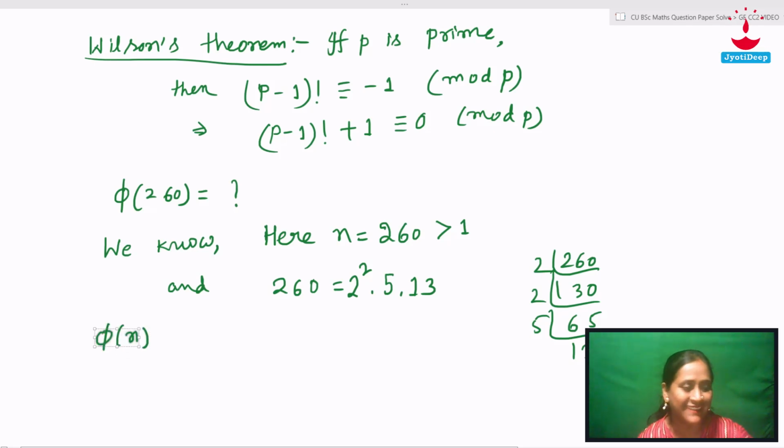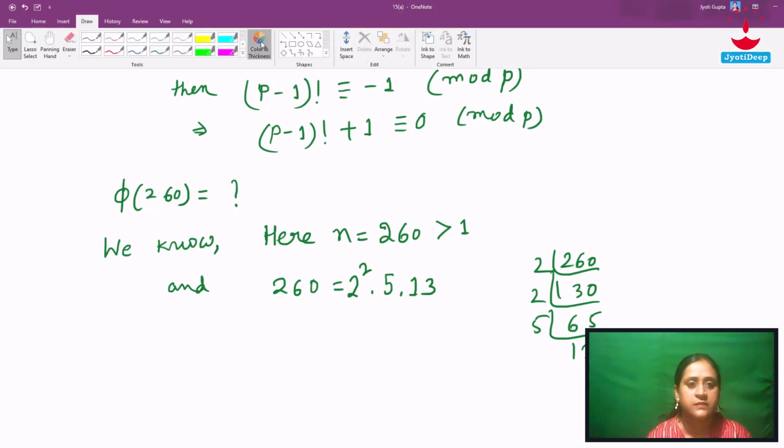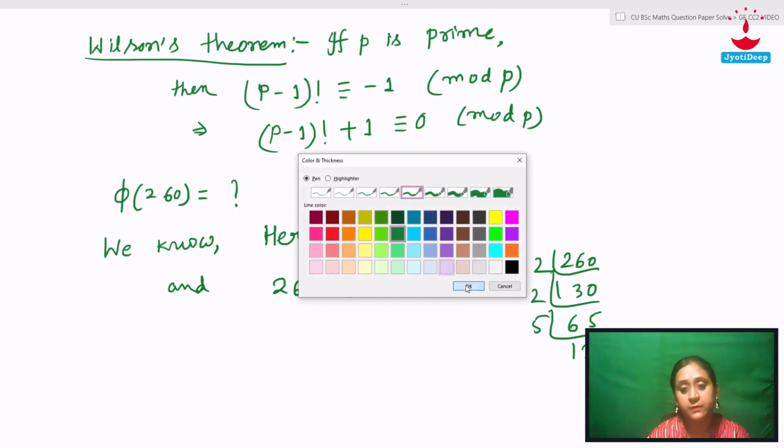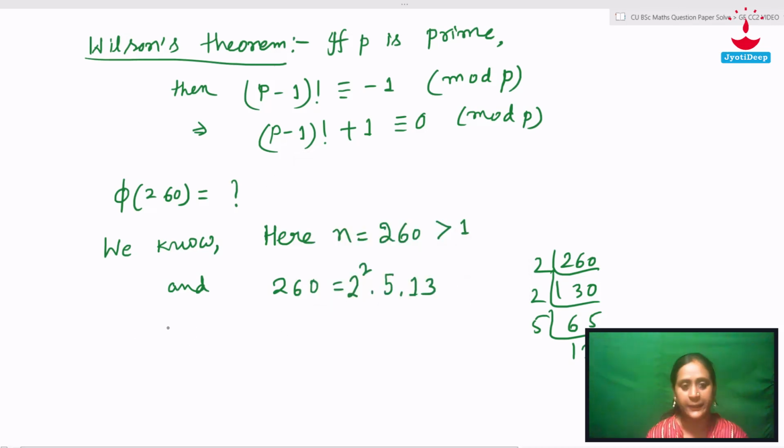These are really disturbing. Again it has gone. Such a small problem causing so much trouble. Okay, 260 is equal to 2 square into 5 into 13.